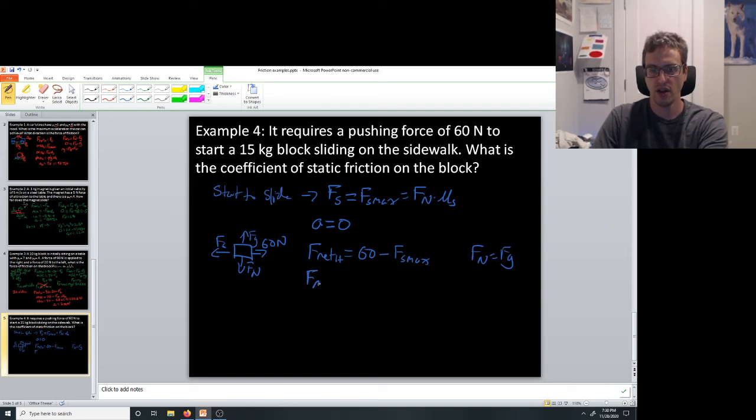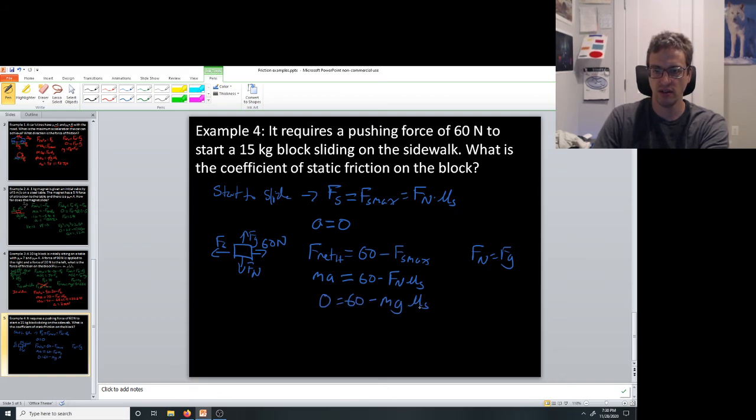So F net horizontal, mass times acceleration, is equal to 60 minus Fs max. Acceleration 0, so this is 0 is equal to 60 minus mg times mu s.